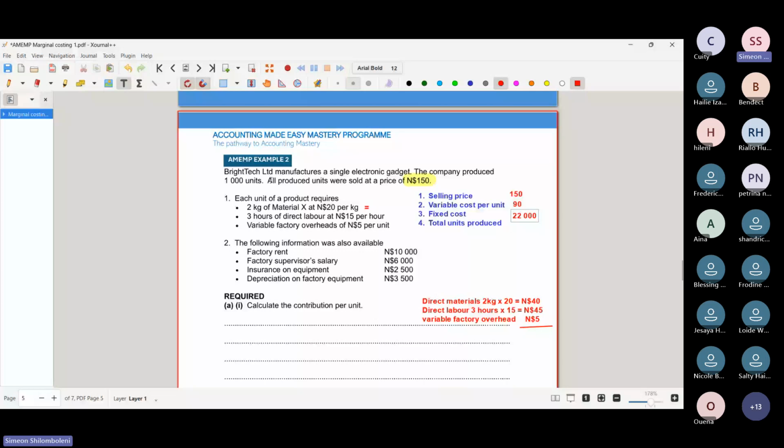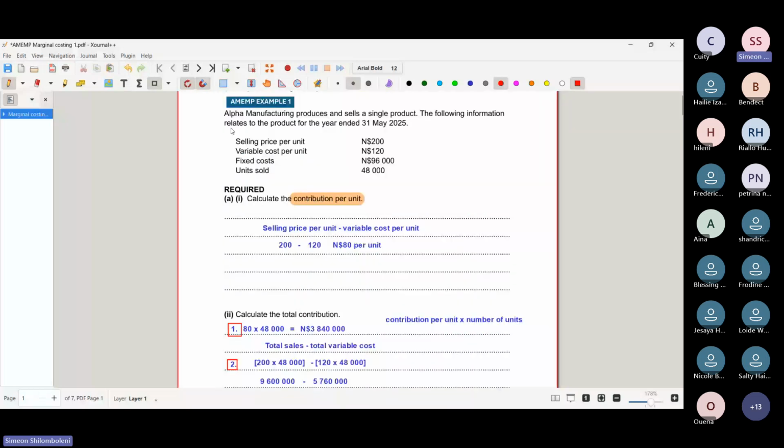Now, after we have done this question, after we have identified these 4 things, this question is now the same as this one. The only difference is that the information was not given to you directly.